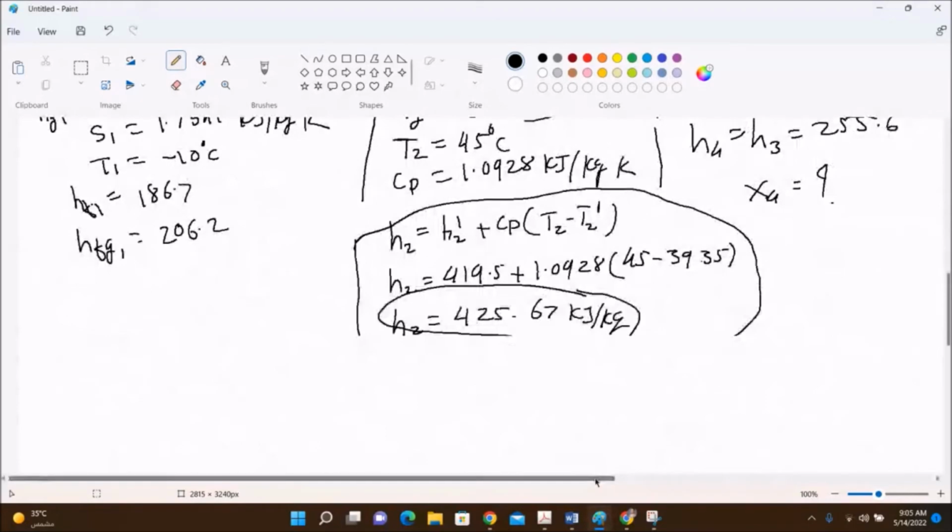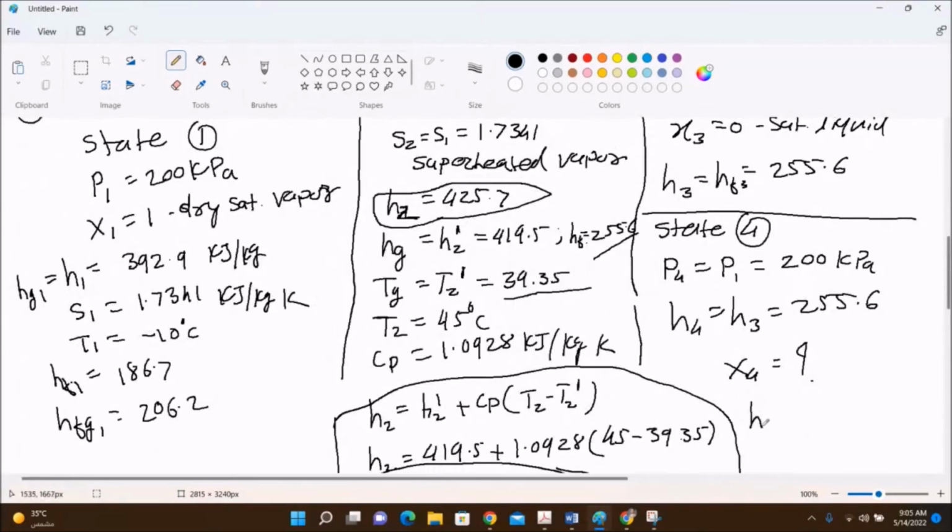So how will we find X4? Now, how do I calculate H4? At pressure 200 kPa, I need to find HF and HFG, and we need to find H4 in between.